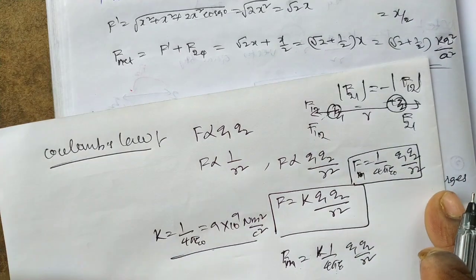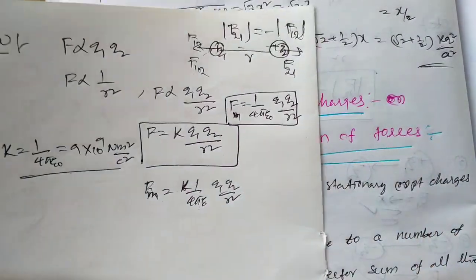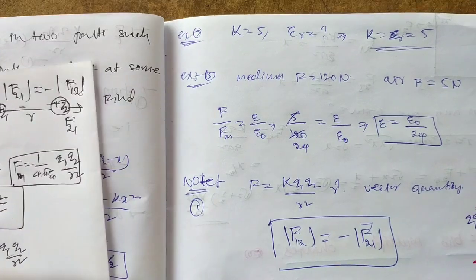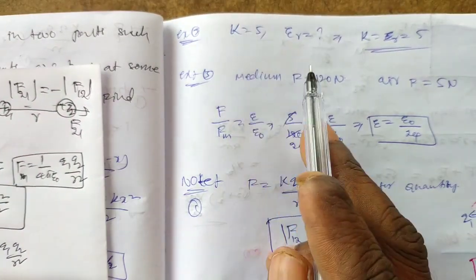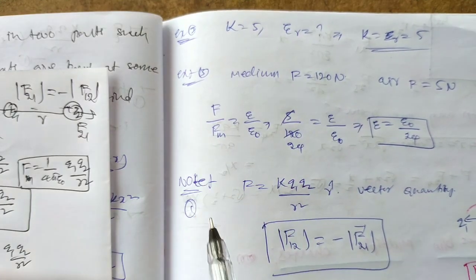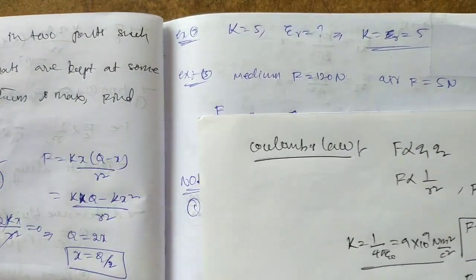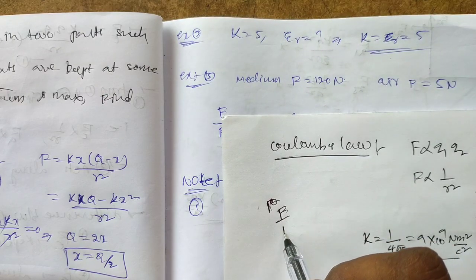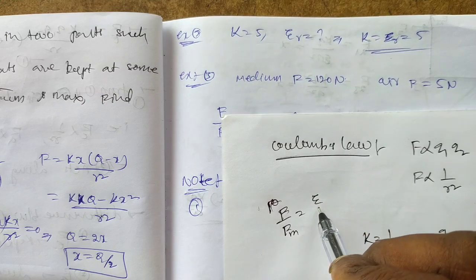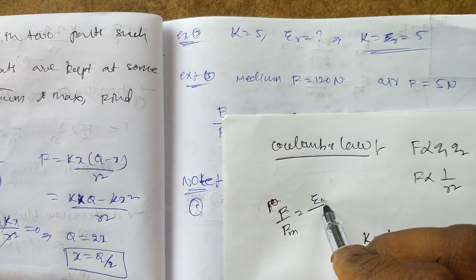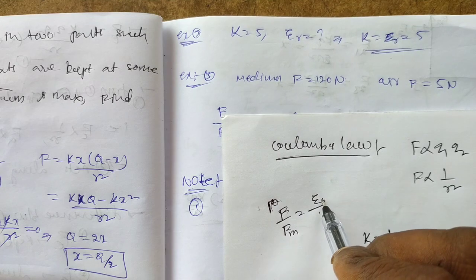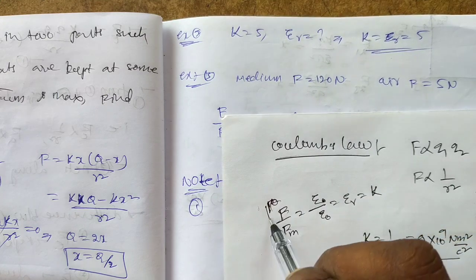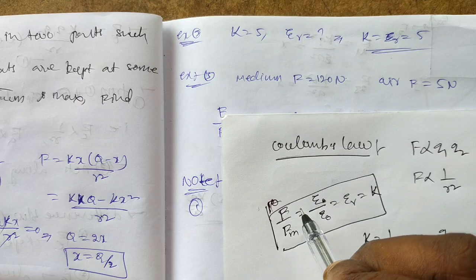There are some applications of Coulomb's law. Already some problems were done yesterday. If K is equal to 5, what is epsilon R? You know the relation: the ratio of force in free space to force in a medium is epsilon by epsilon naught, which is epsilon R, equal to K. This is the relation between the two forces.